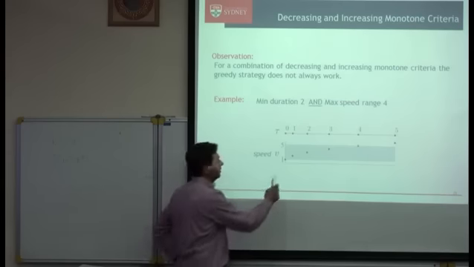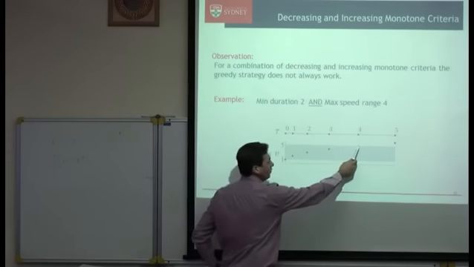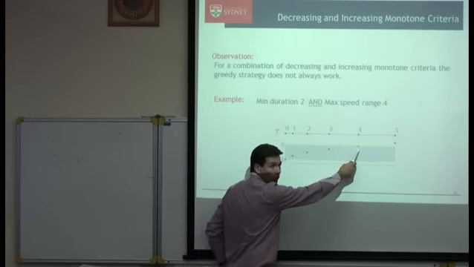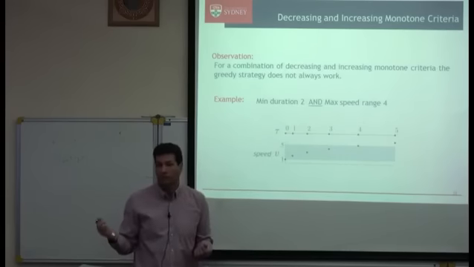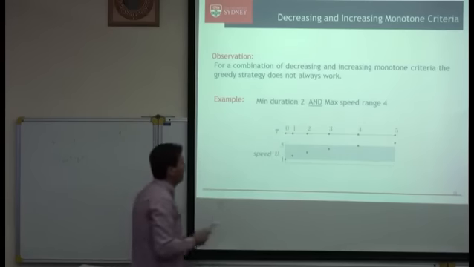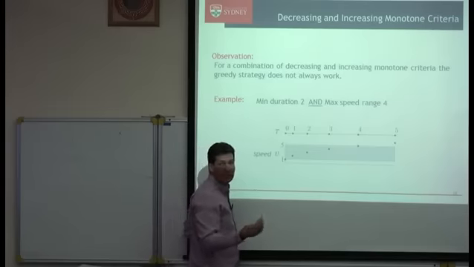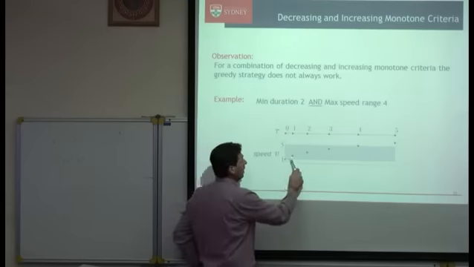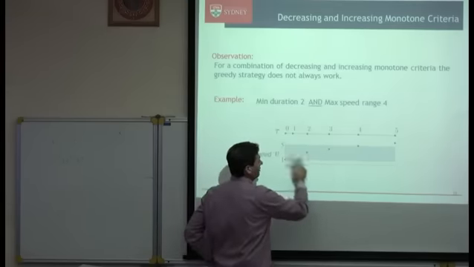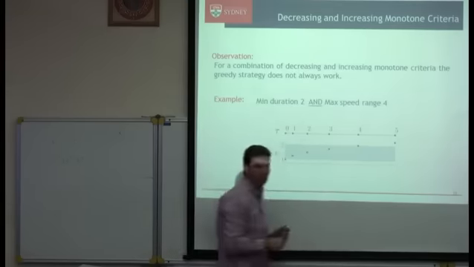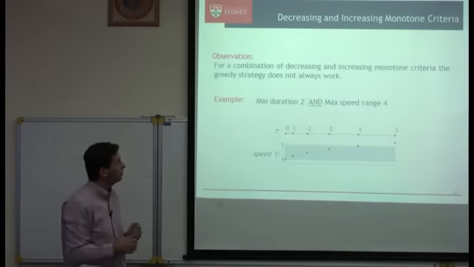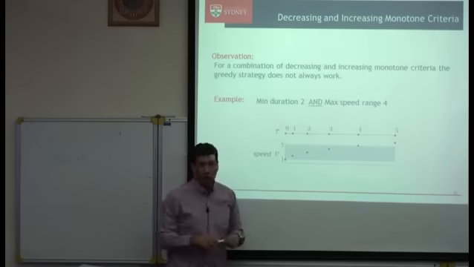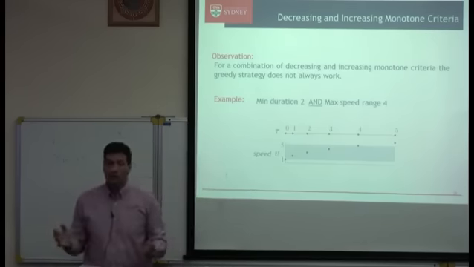Well, then the greedy would start from here and go up to here, and that would be the first segment. And then there's only one segment left and it cannot do anything. While there actually exists a solution, which is just to go up to 3. So that will be your first segment, and then the second segment will be the 2 vertices. So it just says that if you use greedy for any kind of criteria that is not only decreasing monotone, then you can have problems.